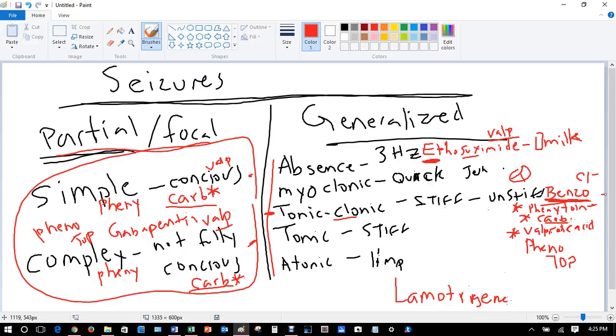Drew a little picture. So lamotrigine has a lot of indications, but because it's good for pregnancy, it's a good one to use if you can't use phenytoin or valproic acid. Remember, valproic acid, bad. You're going to give your baby spina bifida or something if you give them valproic acid. So lamotrigine is a good drug to give to people if they're pregnant or they're in that age category where they might become pregnant.